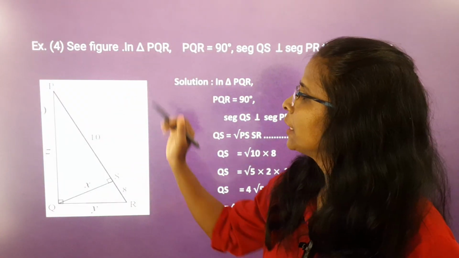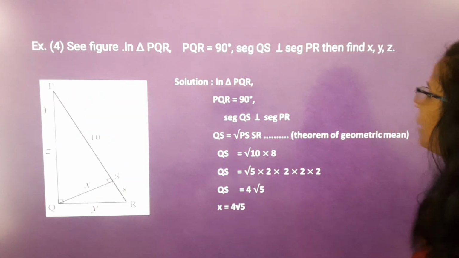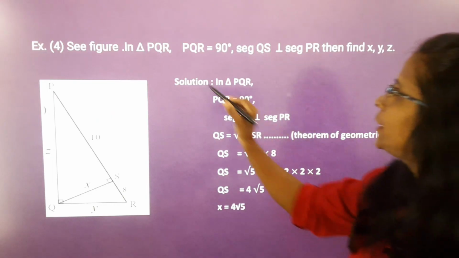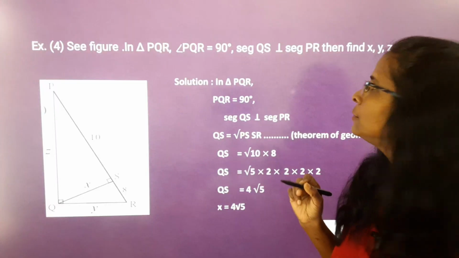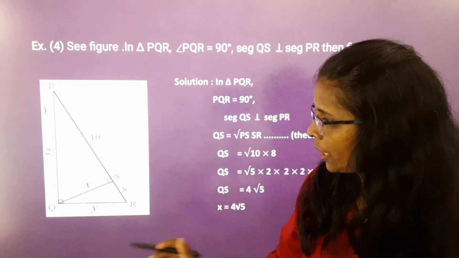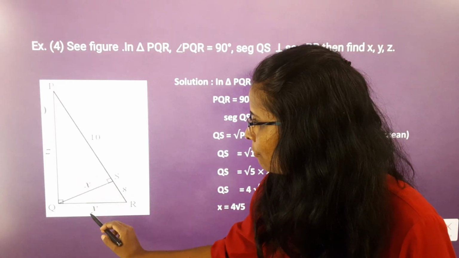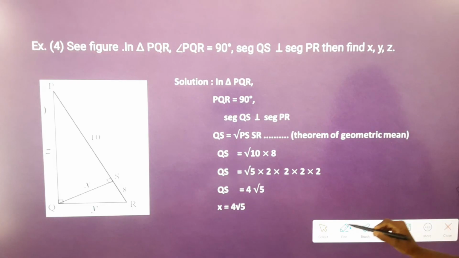See the figure. In triangle PQR, angle PQR is equal to 90 degrees, segment QS perpendicular to segment PR, then find X, Y, Z here. So students, observe this figure carefully.